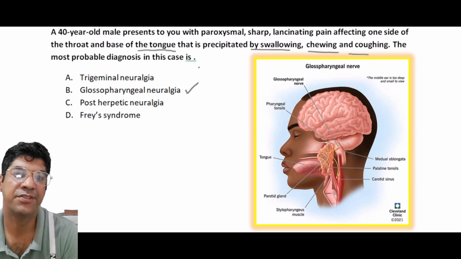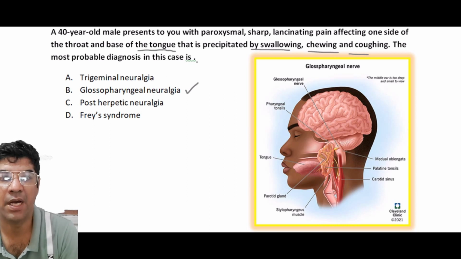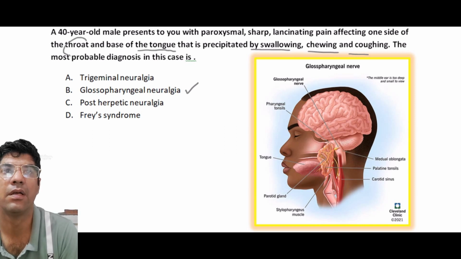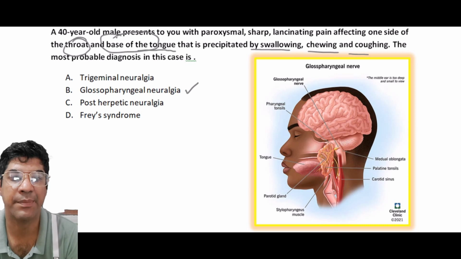As we discussed previously, in trigeminal neuralgia the patient presents with a sharp, lancinating, electric shock-like pain along the distribution of the trigeminal nerve. However, it does not involve the throat and base of the tongue, so trigeminal neuralgia is less likely.